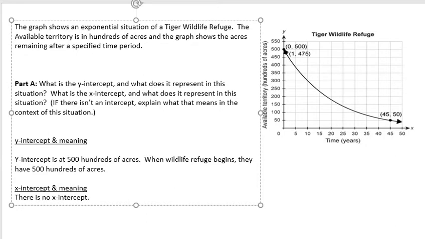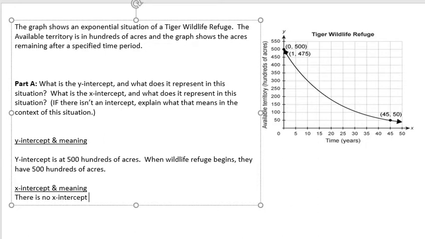What this represents, notice here, this is available territory. If I crossed the x-axis, my y values turn negative, but I can't have negative available territory. There's no such thing as negative acres. You can't have land and then have negative land. That doesn't work that way.